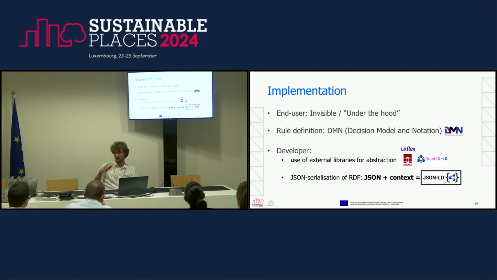And there is this RDF serialization of JSON, JSON-LD, which adds a context to it, allowing it to work on the web. So you have a context, you have key value pairs, and the context makes the key a URL, which allows you to immediately hook into the semantic web. So this is one very big step towards implementation for developers.